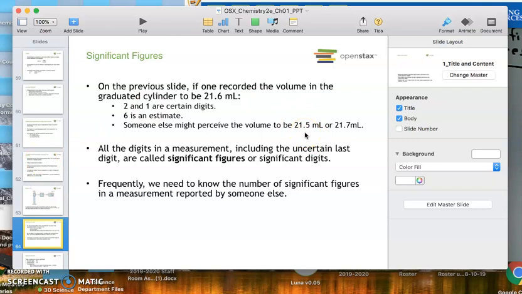We really can't use more digits past 1 decimal place because of the limitation of the tool. So once you learn the rules of significant figures, when you're in the lab reporting your data, you can't report data that extends beyond the capability of your measuring tool.